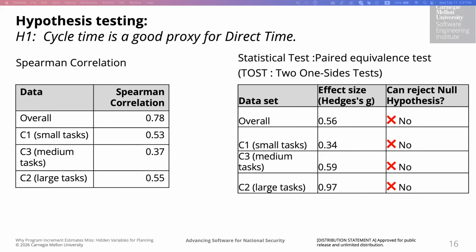For small tasks, it's 0.53, for medium, 0.37, for large, 0.55. So within one particular size band, the monotonic relationship weakens substantially, especially for the medium-sized tasks.